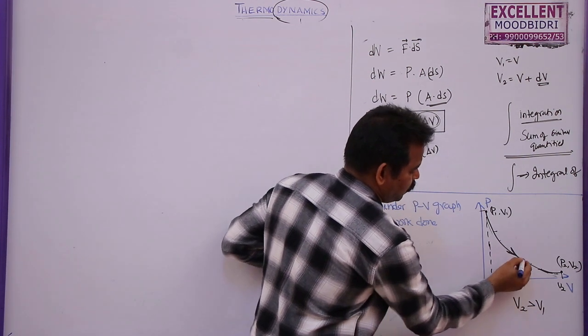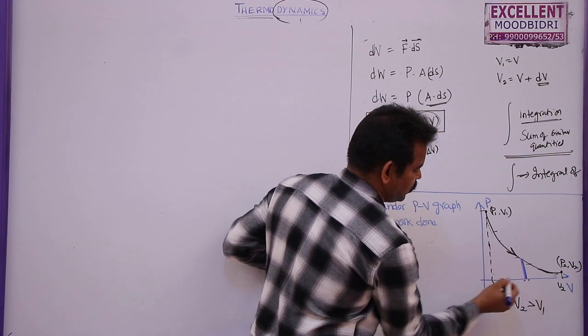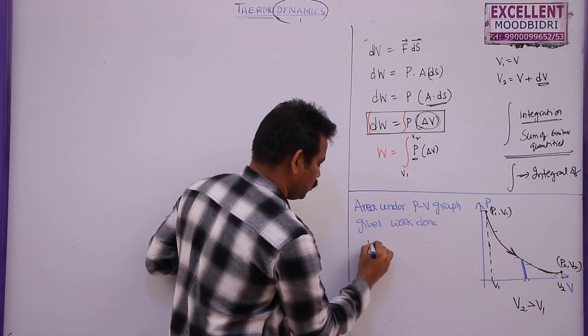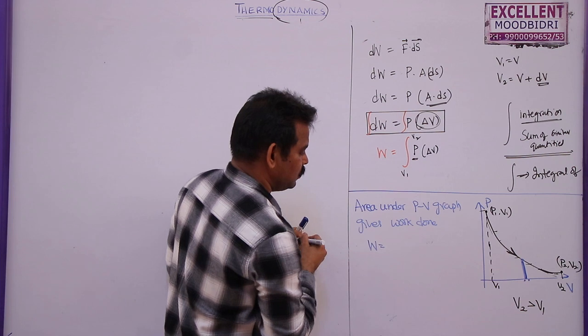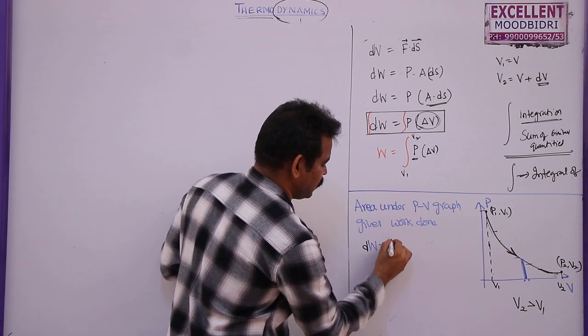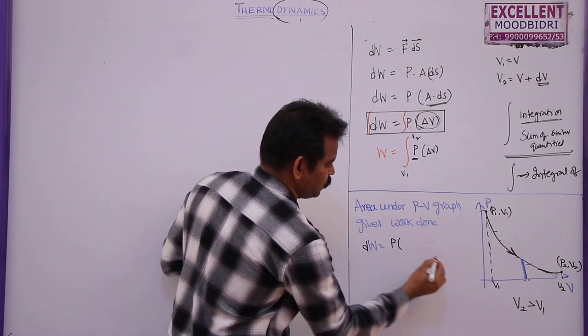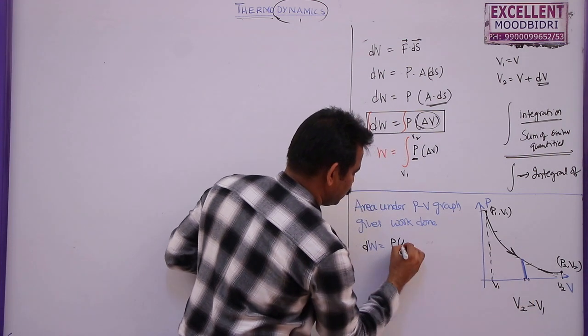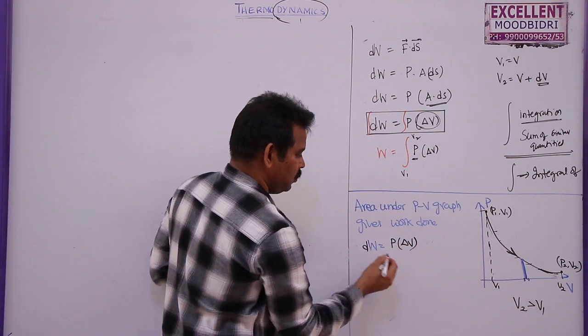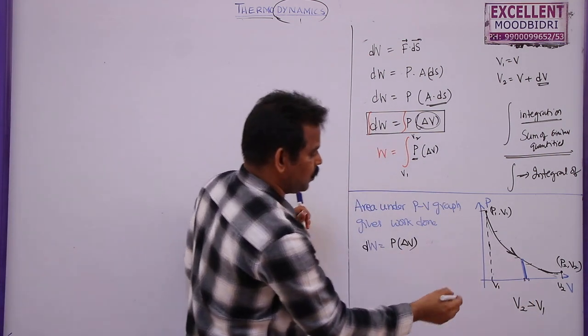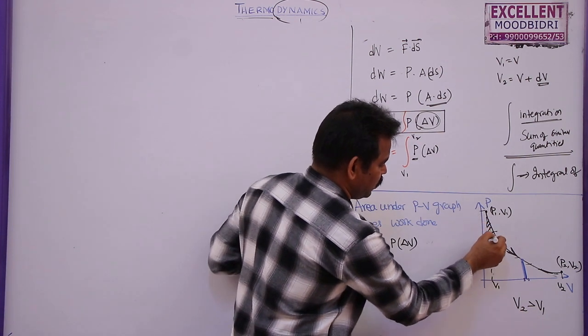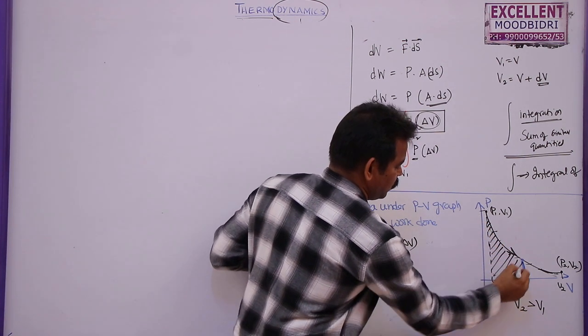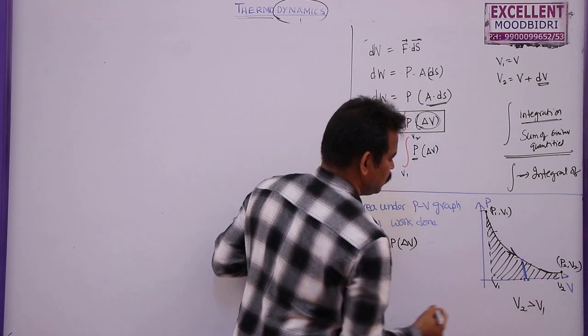When the pressure is almost constant, volume is changing. So this small work done is given by the pressure at that point into the change in volume delta V. So if you want to find the total work done, this total area under the PV curve will give the work done.